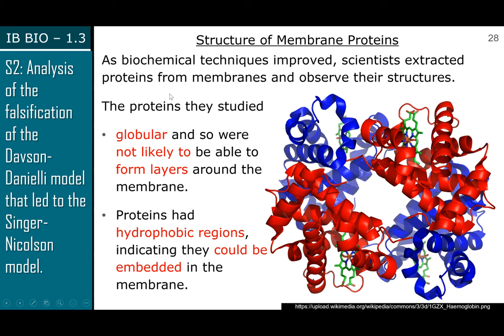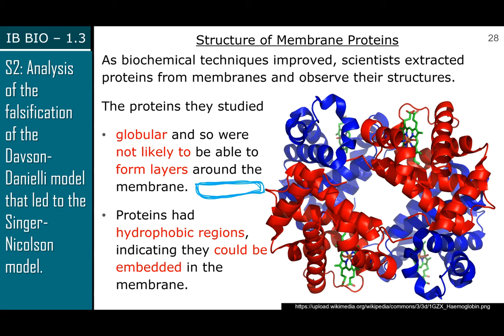As our biochemical techniques improved, we were able to extract proteins from the membrane and observe their individual structures. And these proteins they studied were globular, right? They weren't flat. You would expect, if they lay only on the top and on the bottom, that they would have more of a flat shape.